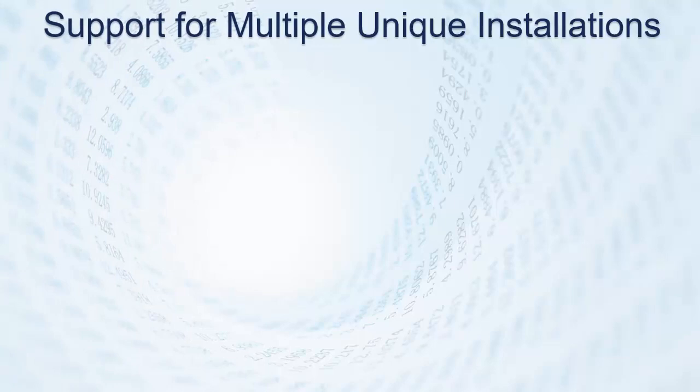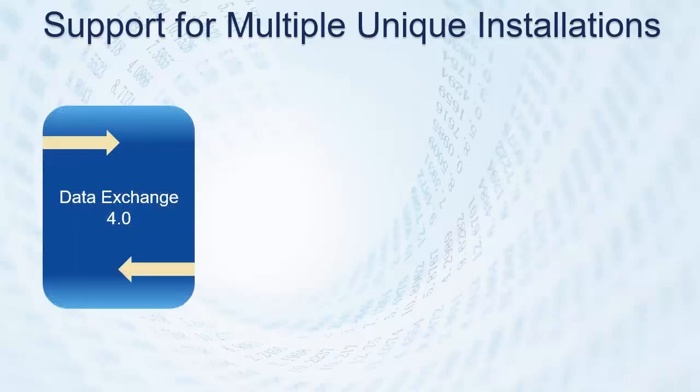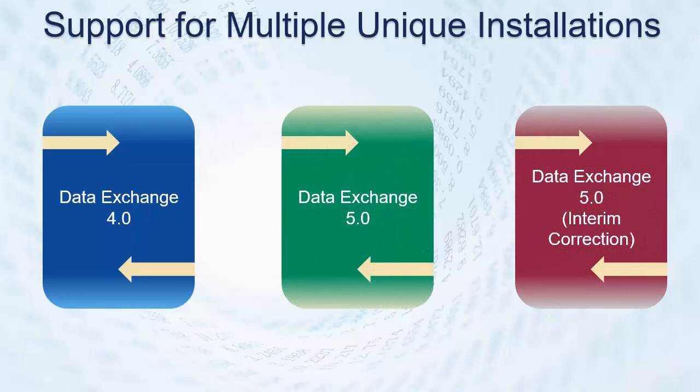From Data Exchange 5.0, you can install multiple unique versions of Data Exchange on the same machine or partition. If you already have Data Exchange 4.0 installed, then you can install Data Exchange 5.0 on the same machine or partition. This will enable you to test Data Exchange 5.0 before migrating the transformations from 4.0 to 5.0.